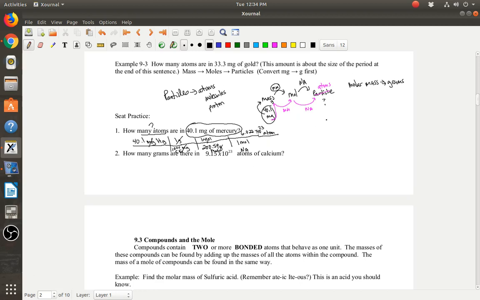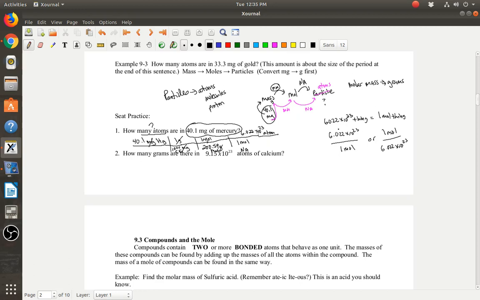Remember, in conversion factors, 6.022 times 10 to the 23rd things of any kind, things or particles, equals 1 mole of things. This is the relationship, and from that you write 2 different conversion factors: 6.022 times 10 to the 23rd over 1 mole, or 1 mole over 6.022 times 10 to the 23rd.